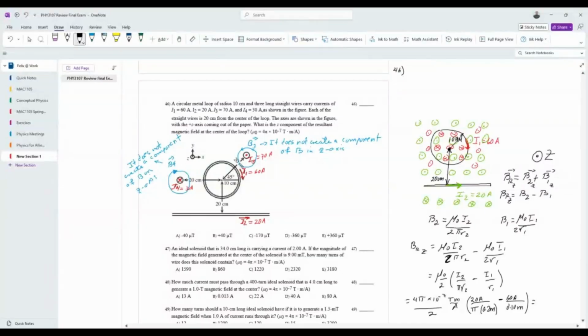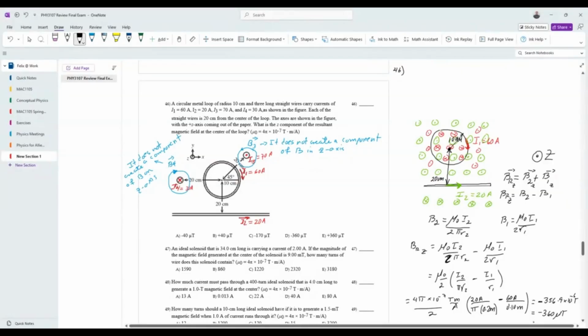So when you now calculate that, you will find that this will be negative 356.9 times 10 to the negative 6 Tesla, which is the same as negative 360 microtesla. What is the meaning of the negative sign?